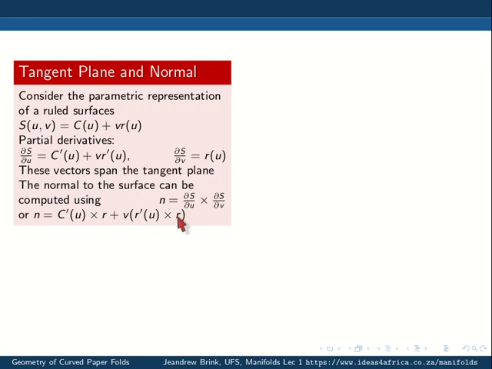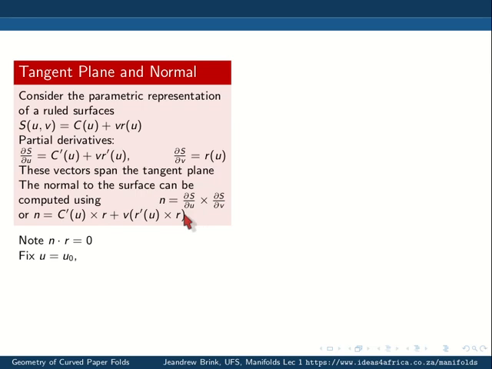Okay, so that's just writing out the definition I did two slides back. So that's the normal vector. One thing to note is our normal vector is always orthogonal to r. The reason is that the normal vector of a cross product is always orthogonal to the components of the cross product, and one of the elements in the cross product was r.